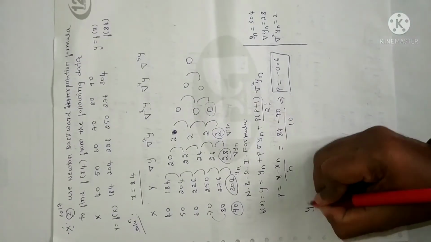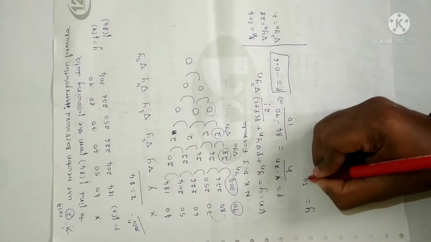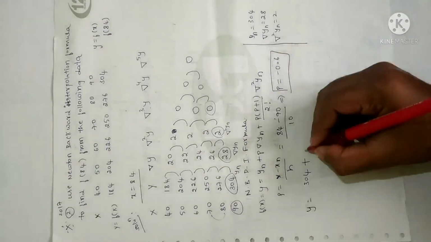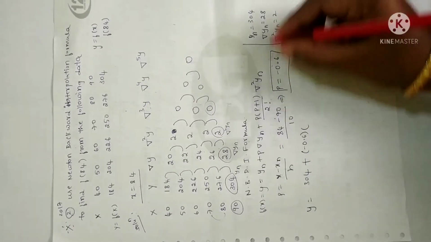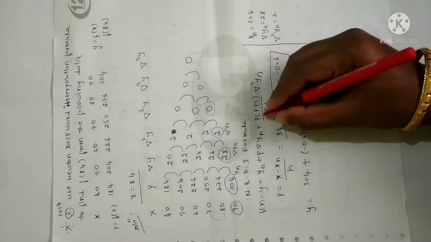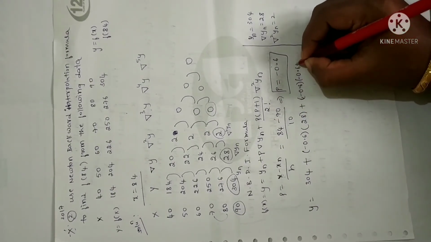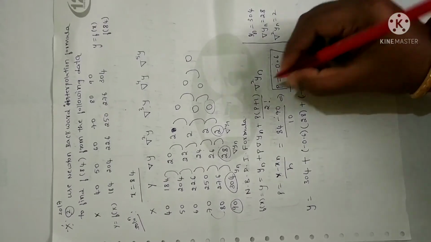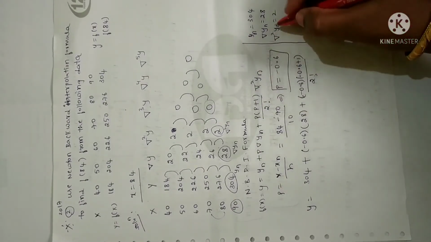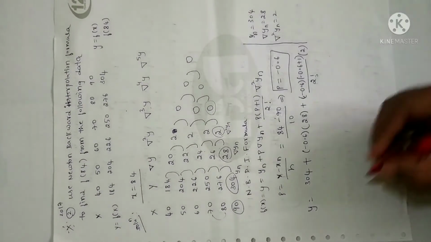With these values, I can calculate y as 304 plus p, which is minus 0.6, into delta yn, 28, plus p into p plus 1, minus 0.6 into minus 0.6 plus 1, divided by 2 factorial, into delta square yn, which is 2. Now let me simplify.